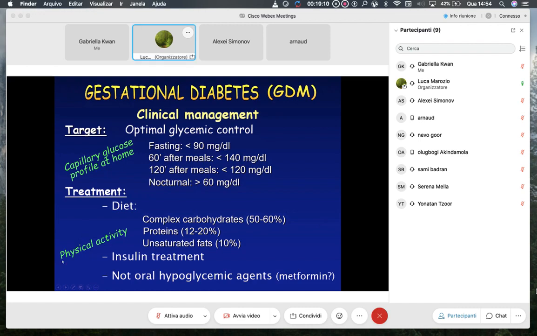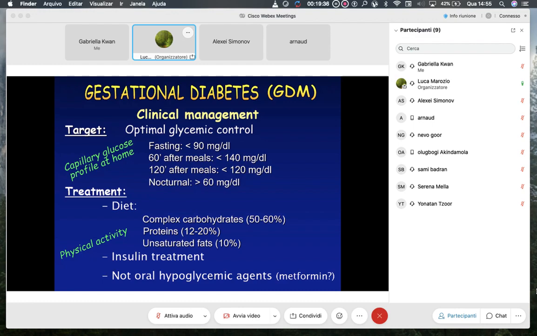Of course, we have to suggest physical activity. One of the most difficult targets to reach is that pregnant women usually don't do physical activity at all.